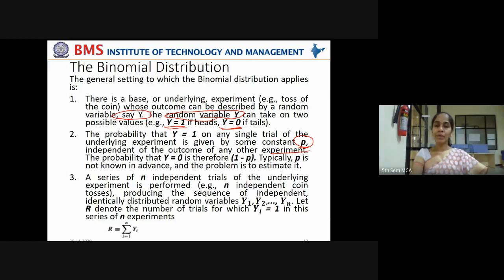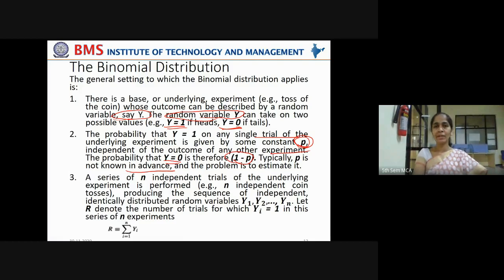Okay. Now the probability of getting heads is taken as P, which is independent of the outcome of any other experiment. And the probability that y equals 0, that is getting a tail, can be written as 1 minus P. Because if the probability of occurrence of something is P, the probability of non-occurrence of that is 1 minus P. Now typically P is not known in advance.